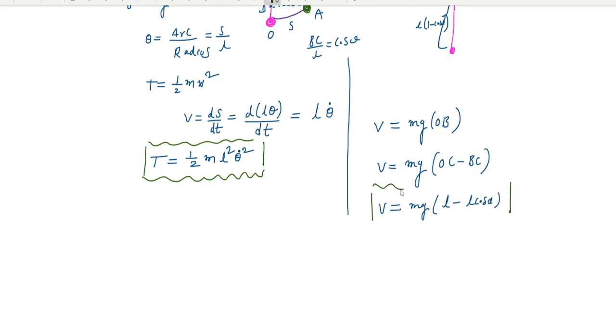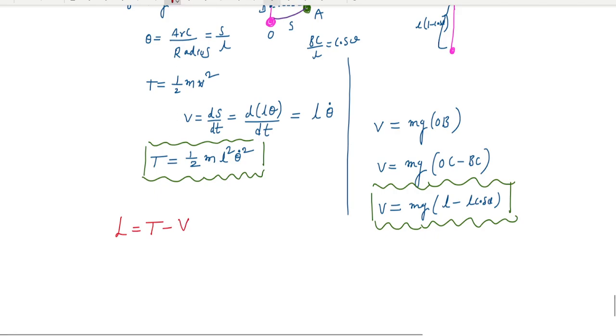Both values I know. Then we need to first write the Lagrangian, then apply the Lagrangian equation of motion. The Lagrangian L equals T minus V. T value is 1 divided by 2 m L square theta dot square.